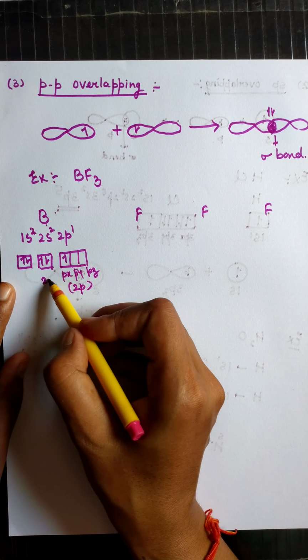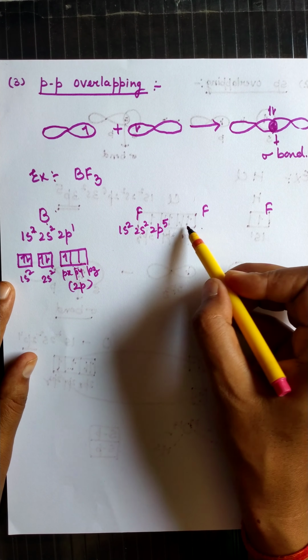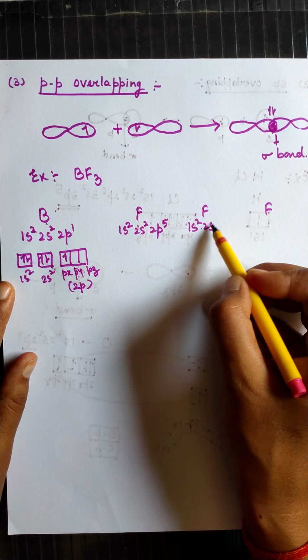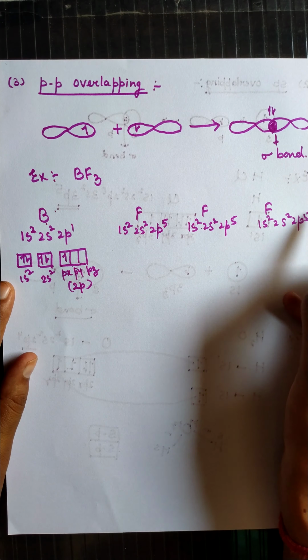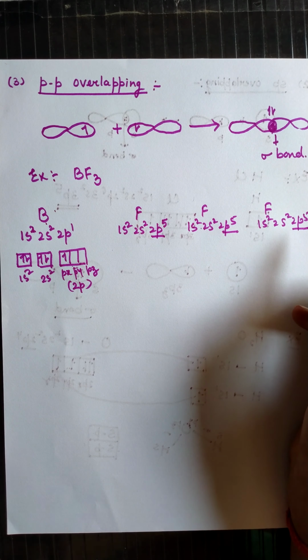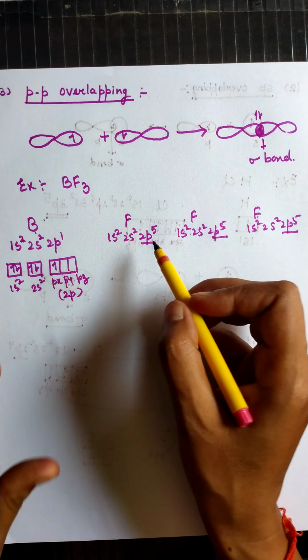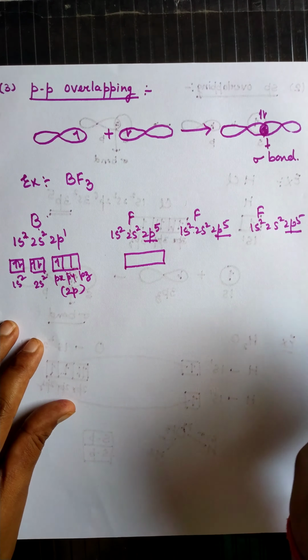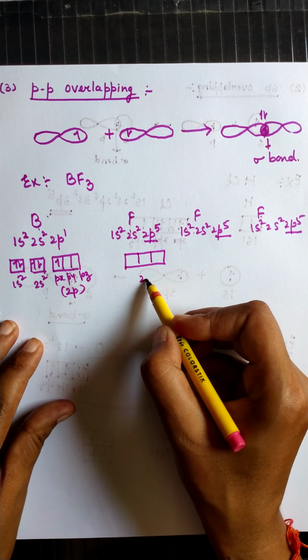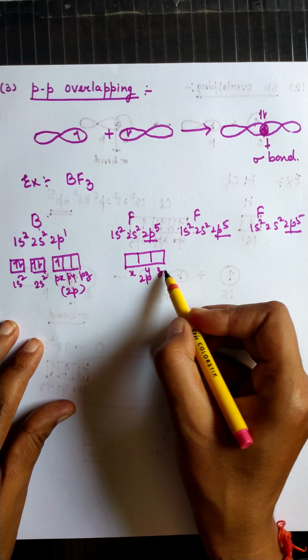This is 2s2 and this is 1s2. Students, you can see here, and what about the fluorine? First of all, fluorine has configuration 1s2, 2s2, 2p5. Same here for each fluorine, 1s2, 2s2, 2p5. So these have 5 electrons in their 2p orbitals. I am just going to draw the orbital diagram, representing only the 2p5 orbitals like this. These are the 2px, 2py, 2pz.